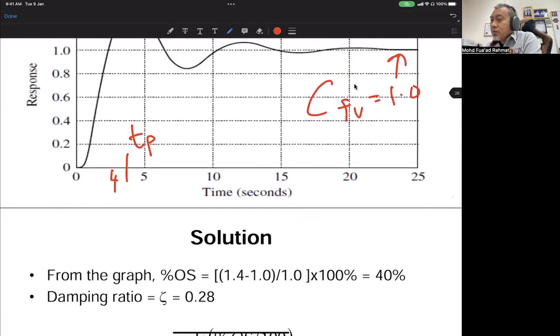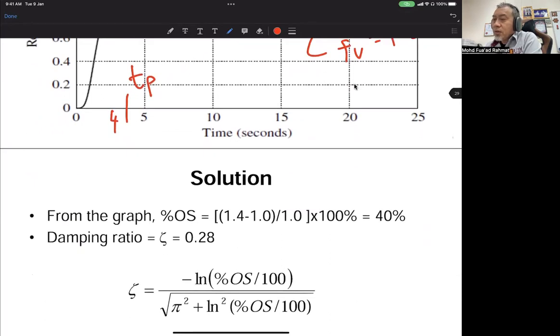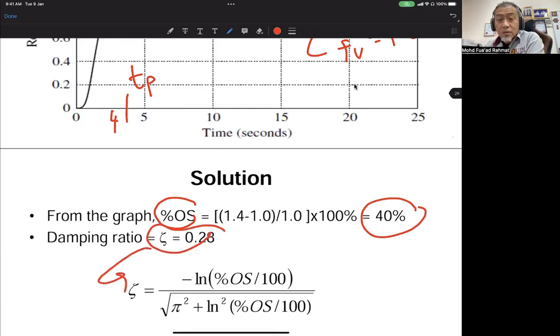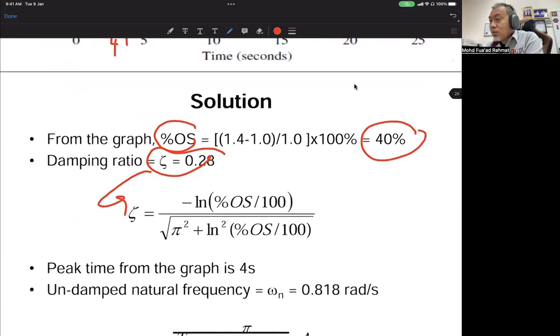So from the graph, you use the formula for overshoot: 1.4 minus 1 divided by 1 multiplied by 100, so it's 40%. So 0.28 comes from this formula, the equation that I just showed you before: exponent of minus pi zeta over square root of 1 minus zeta square equal to 0.4. You put natural logarithm on the left and right, so you will get the zeta value is about 0.28.